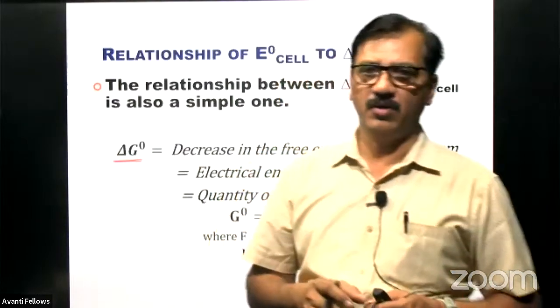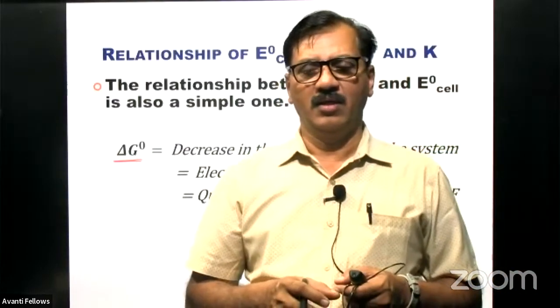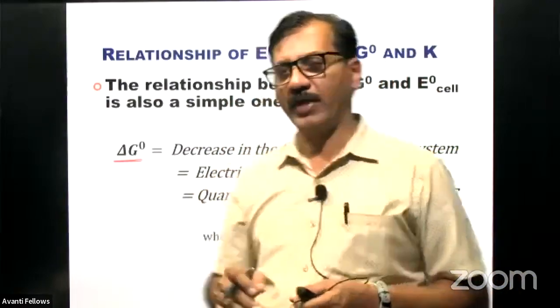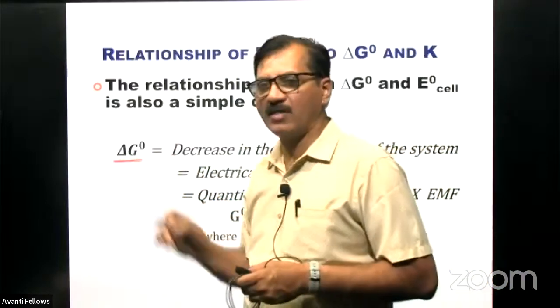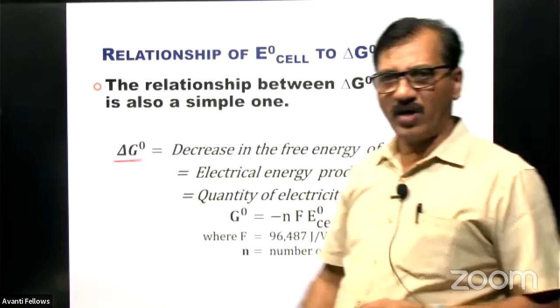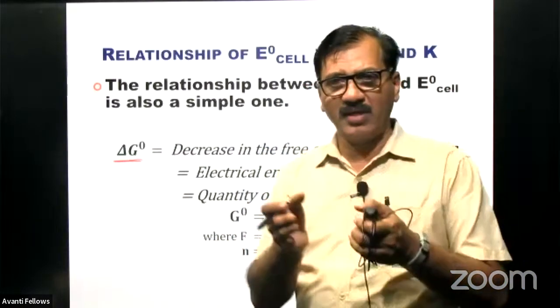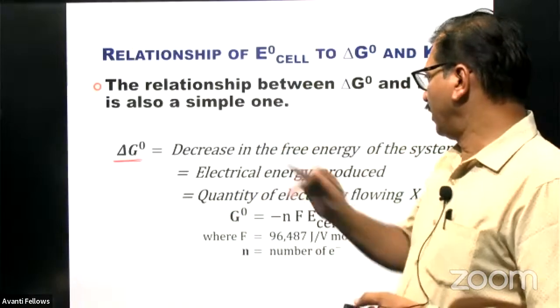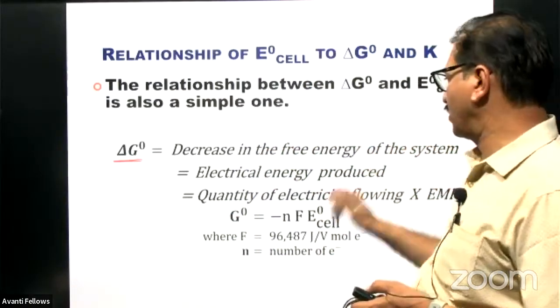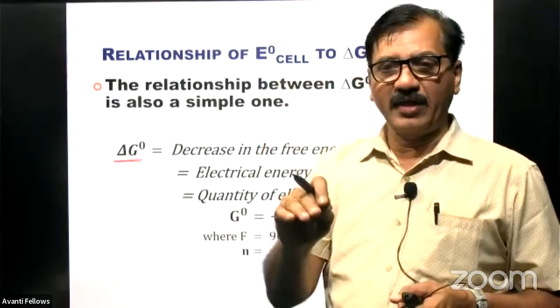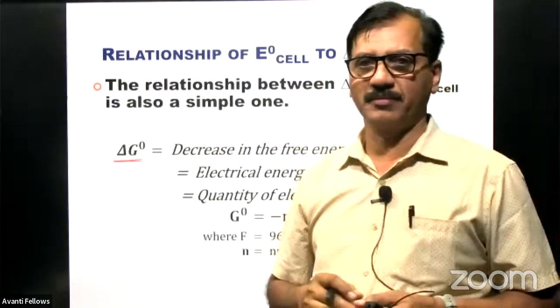In any system or process, the total decrease in the energy can be calculated by knowing the delta G0 value. For an electrochemical cell, the decrease in the free energy of the system is nothing but the electrical energy produced. Whatever energy decreased, that much energy is produced.